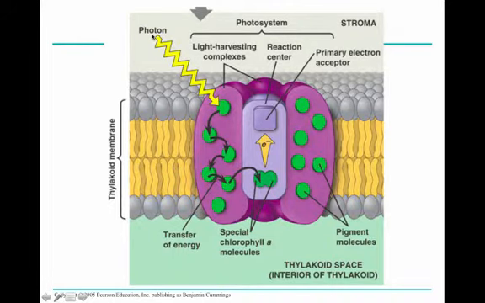Okay. So again, photon of energy from the sun coming in at a particular wavelength, bouncing from one chlorophyll molecule to the next in this protein complex, this light harvesting complex of the photosystem, going to the special chlorophyll molecules in the center of the photosystem called the reaction center, and then that energy being used to excite an electron and physically causing it to leave the chlorophyll molecules.